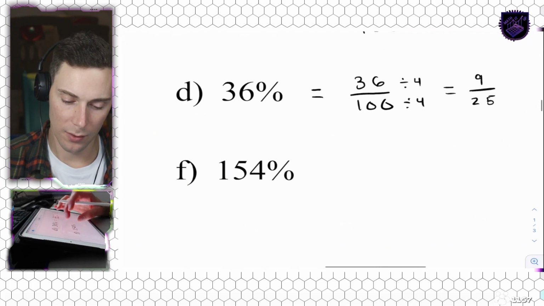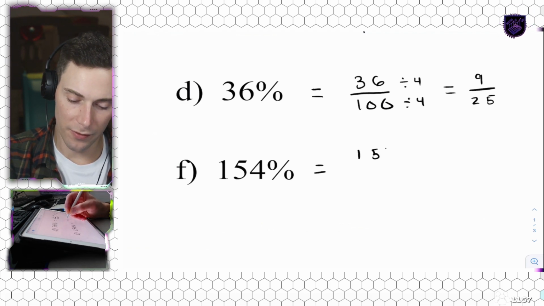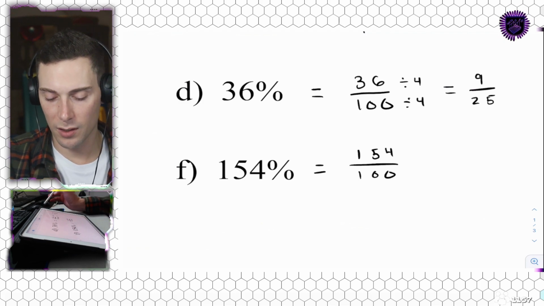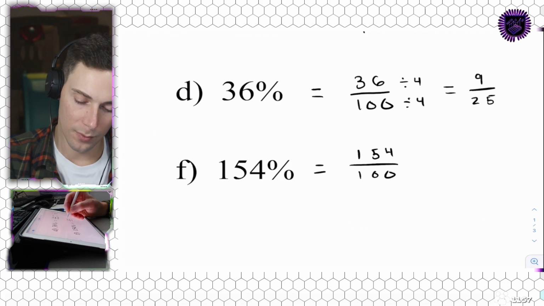F, 154%. So this is going to be equal to 154 over 100. Now, let's simplify this. We can divide the top definitely by 2.